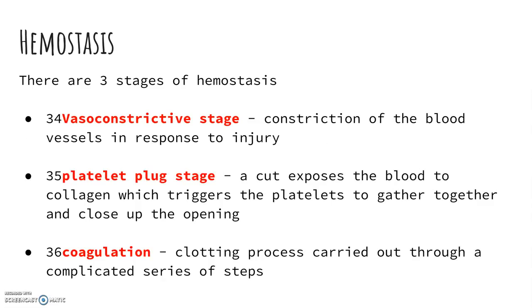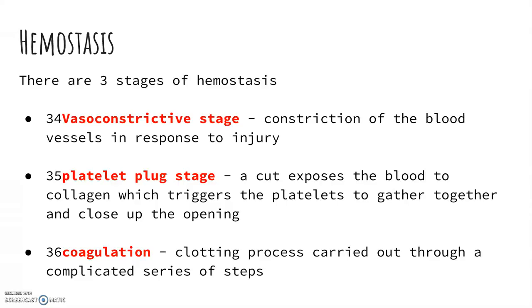Well, there's 3 steps to that. The first thing that happens is the vasoconstrictive stage, and that's just the blood vessel itself constricts or closes off as a response to injury. That shuts down the flow of blood to the area slightly. And then the second part is a platelet plug stage.